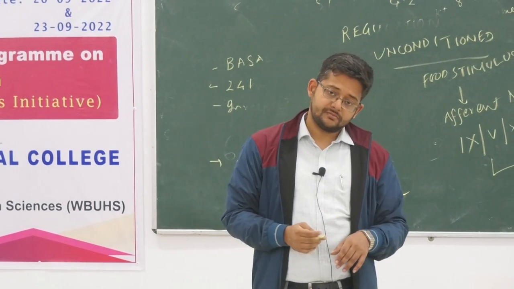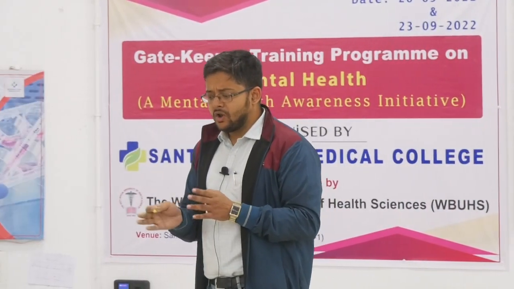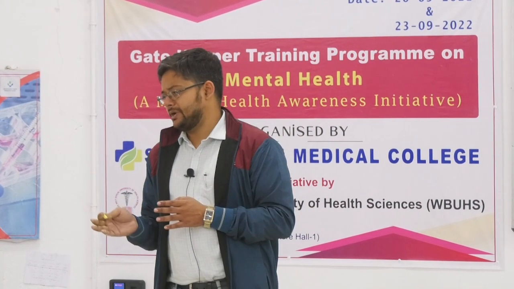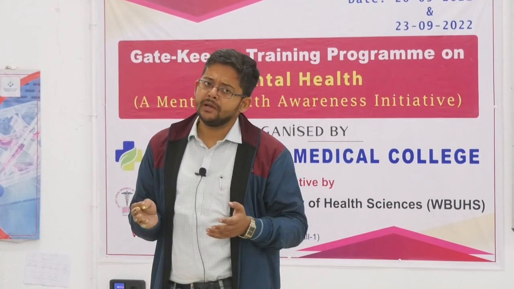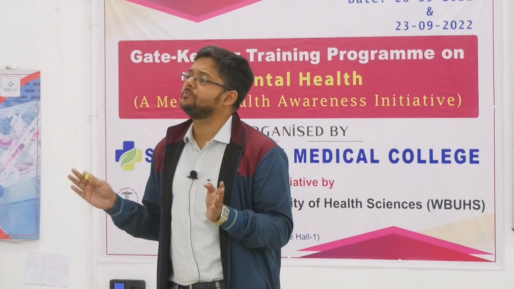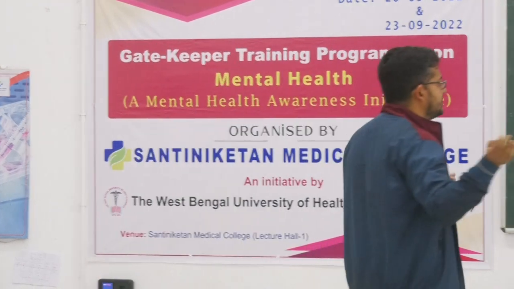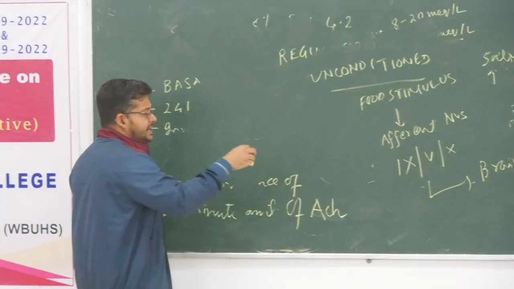unconditioned reflex. Conditioned reflexe, you need to understand that there are a lot of abstract things happening. মানে কি, you are thinking about a food, you are seeing a food and this is happening. That means other areas of brain are affected or connected. So what are the other areas of brain that are connected in conditioned reflex?